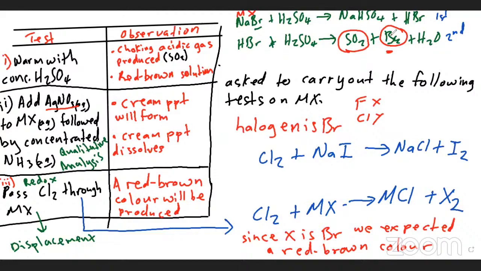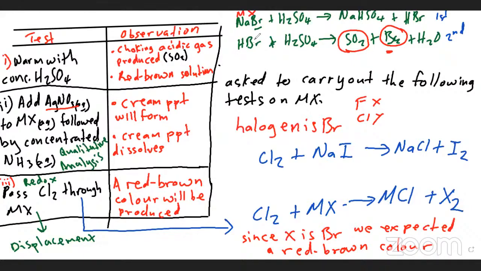I understand that part, but I don't understand how we get it to be sodium bromide. Oh no, I'm just giving an example. I'm not saying MX is sodium bromide. I'm just showing an example of the actual reaction of a halide salt.